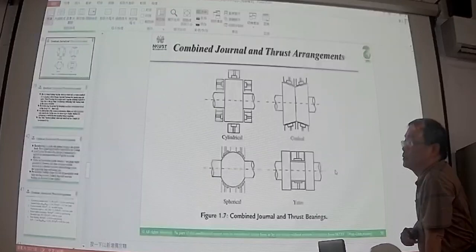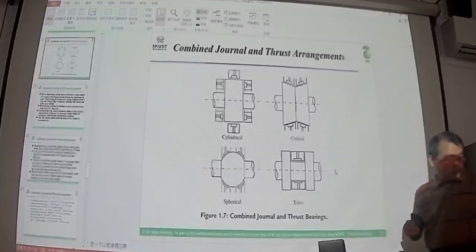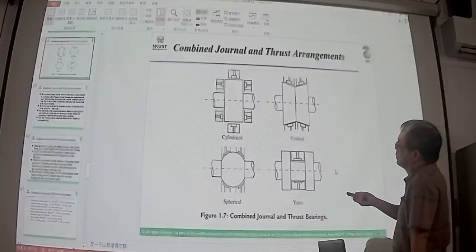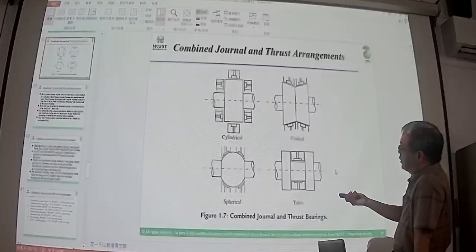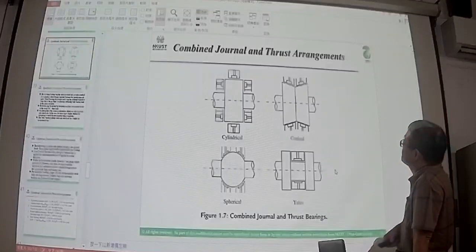So last week we also gave you some basic configurations for the hydrostatic bearing.